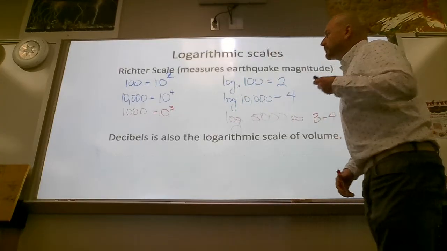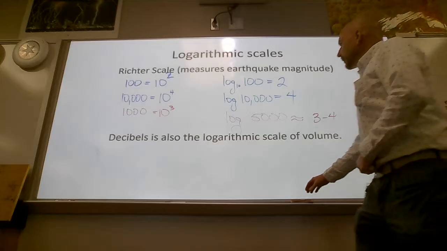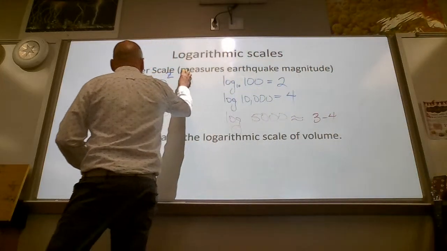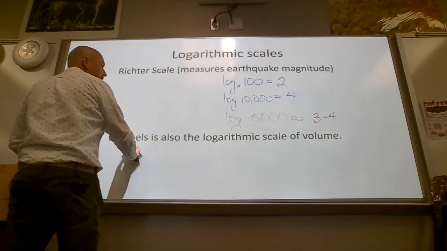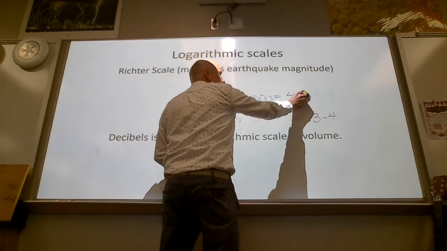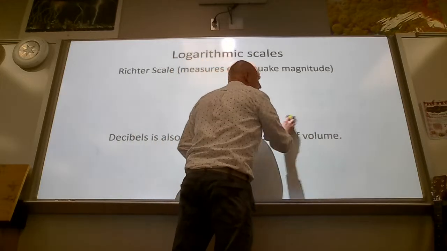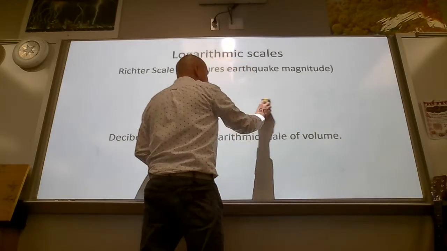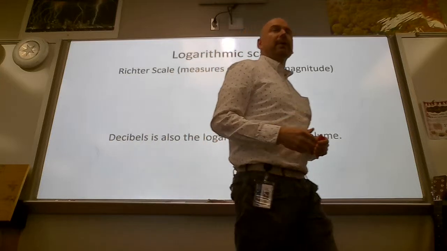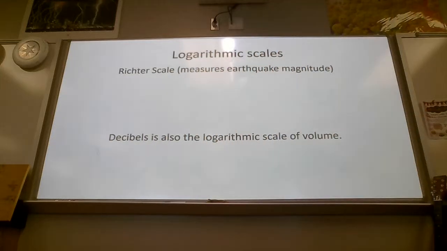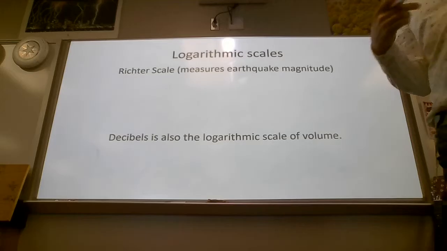Okay. Now, a Richter scale is an example of a logarithmic scale. Tokyo gets hit by an earthquake that has, let's say, 5 on the Richter scale. And then the next day gets hit with an earthquake of 7 on the Richter scale. And we're thinking, oh, it's just 2 more.